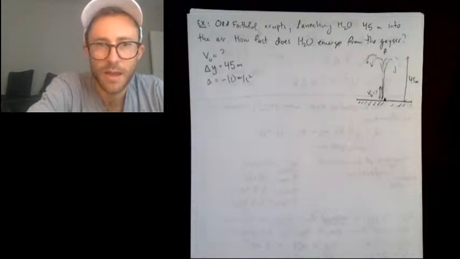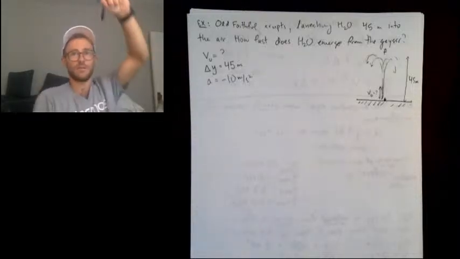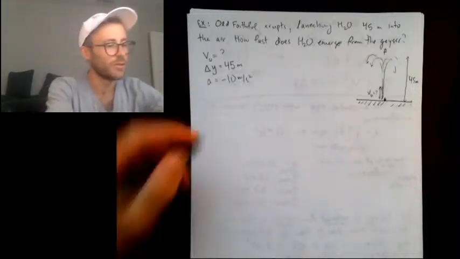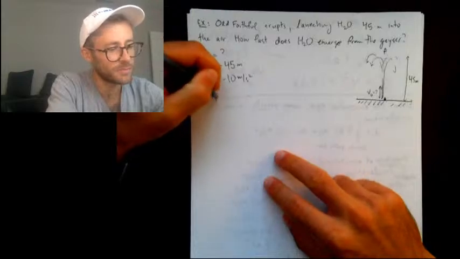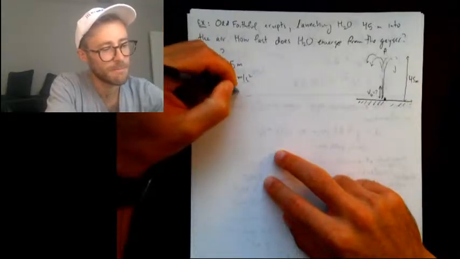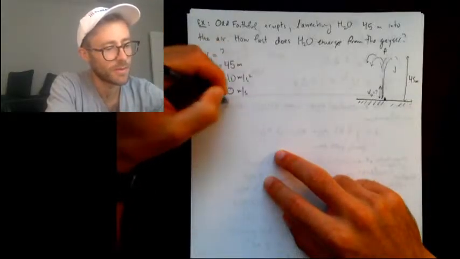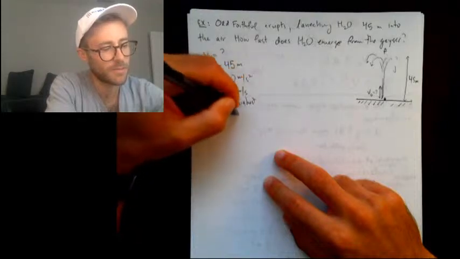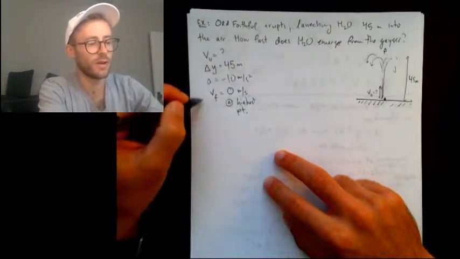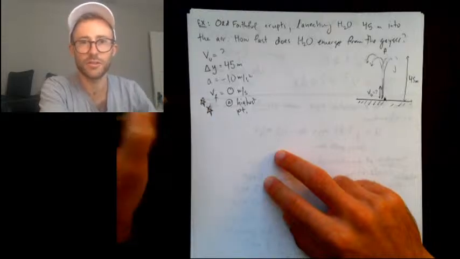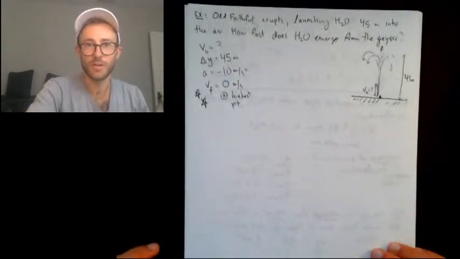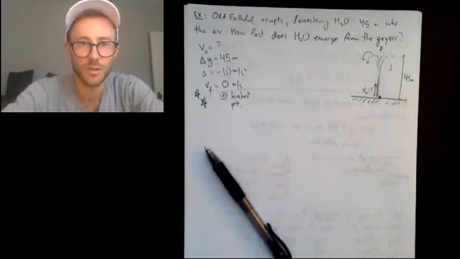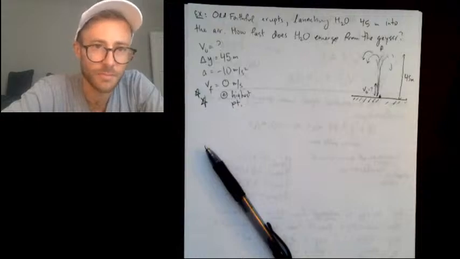At the highest point in the motion, the final velocity is 0. That's important, I'm going to put 2 stars next to that so you remember that the velocity is 0 at the highest point. Why is that?